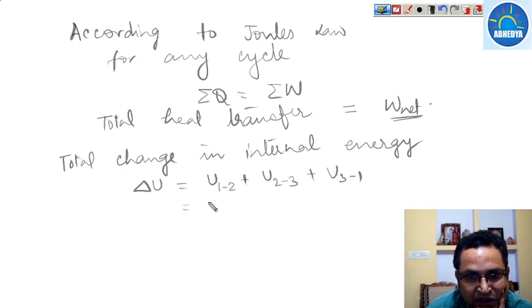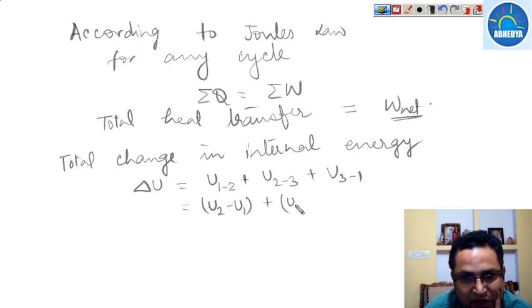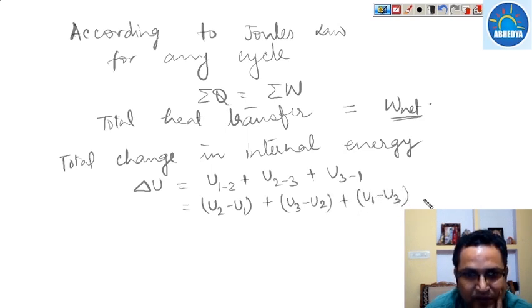This can be written as U2 minus U1 plus U2 minus U3, both are equal. This is U3 minus U2 plus U1 minus U3. Once we add, all will be equal to 0.